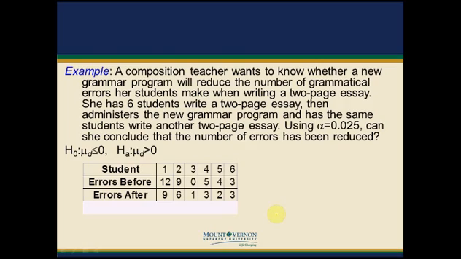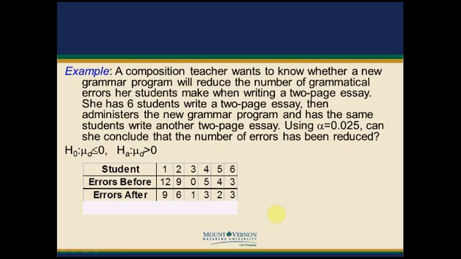I suppose I left off my parameter. My parameter is mu sub d, and mu sub d in this case is the average difference in errors before and after the grammar program. And I believe what I've done here is before minus after.